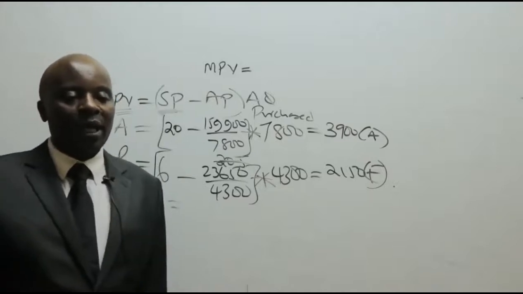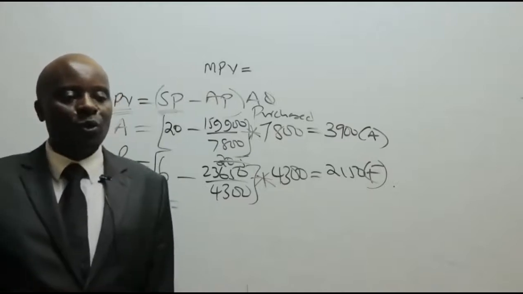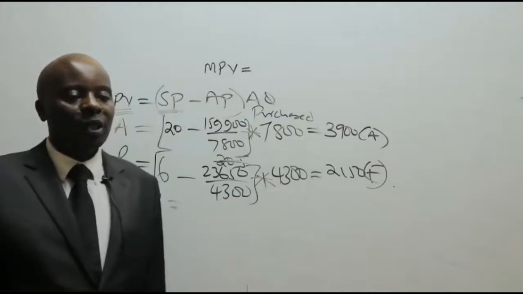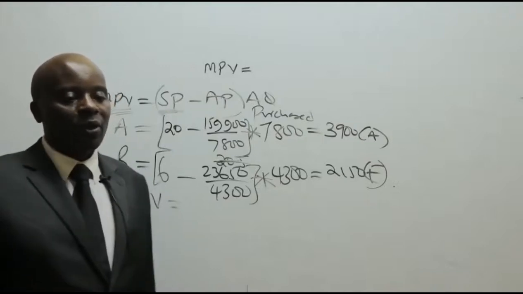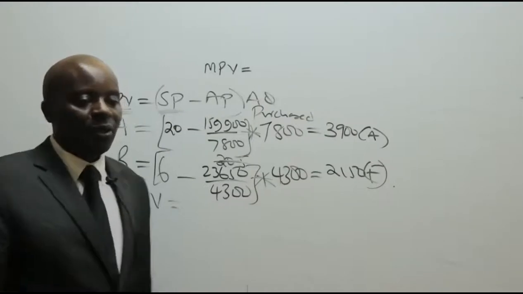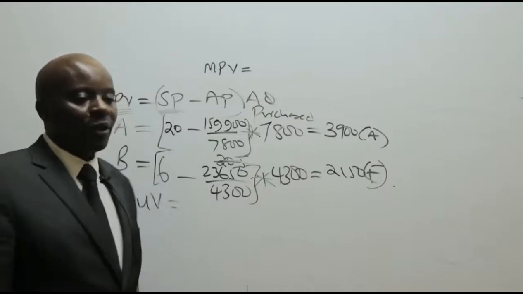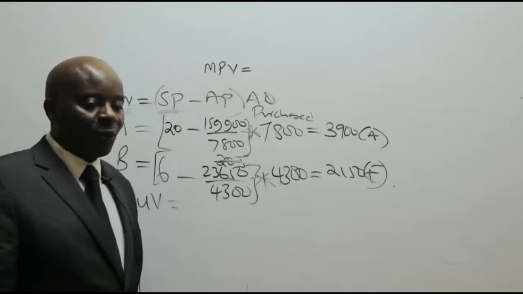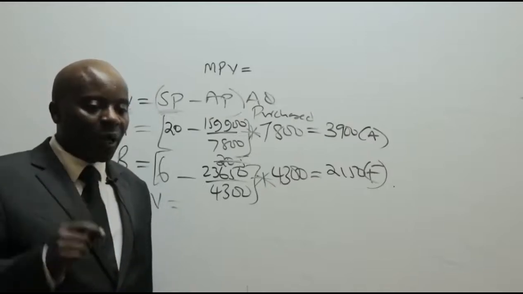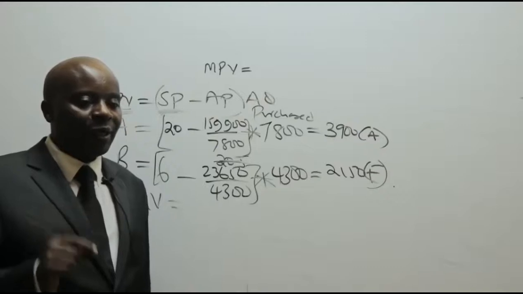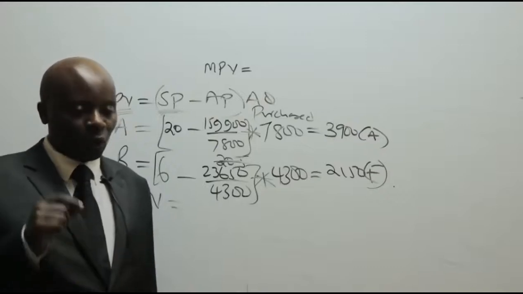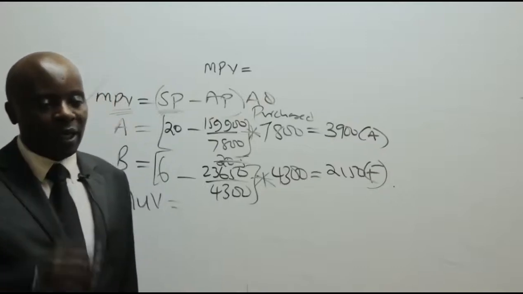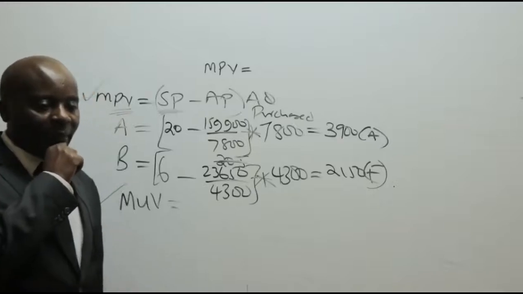Material usage variance will be equal to, let me see somebody, without looking at your notes, I would want some of you here to give me the answer directly. How do we get the material usage variance?